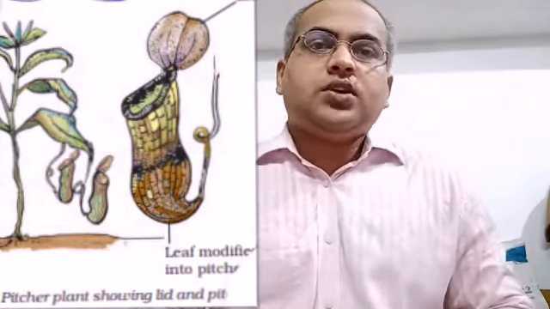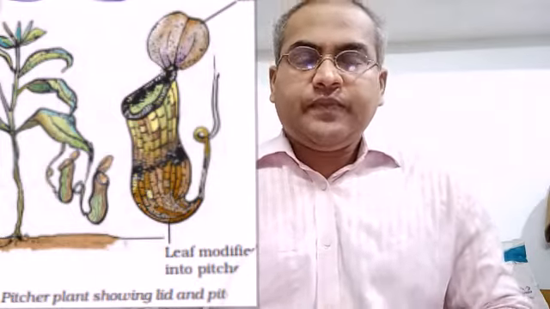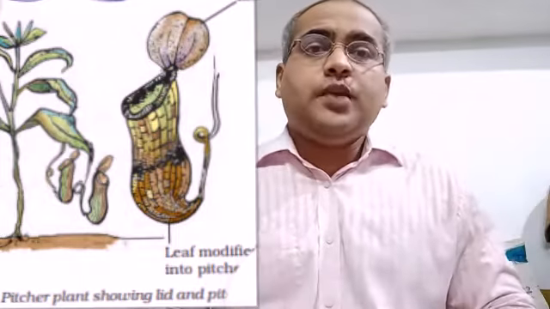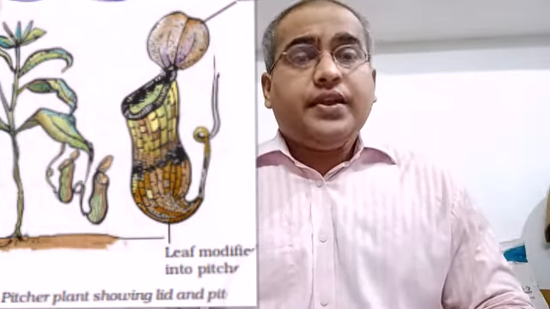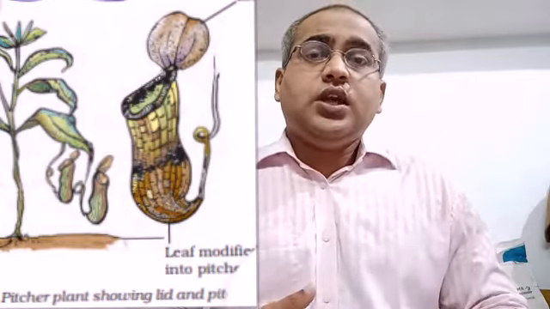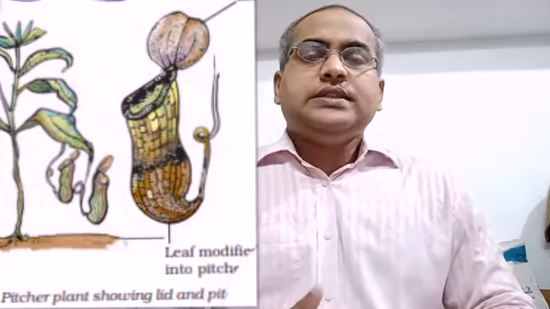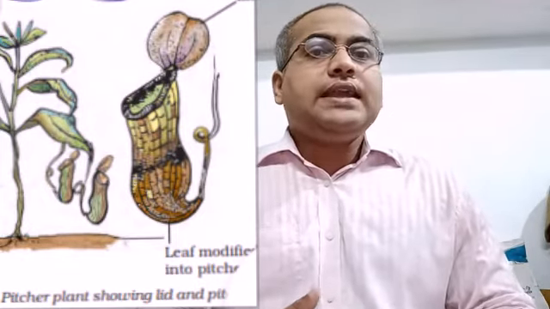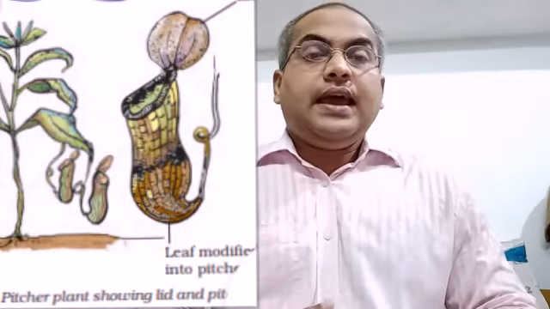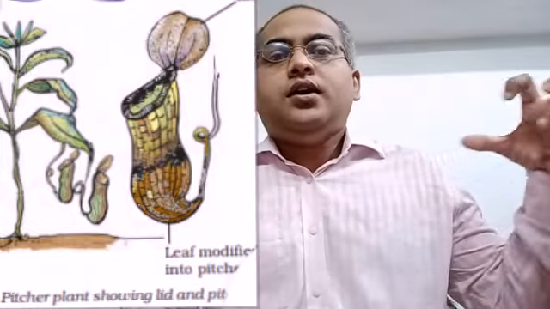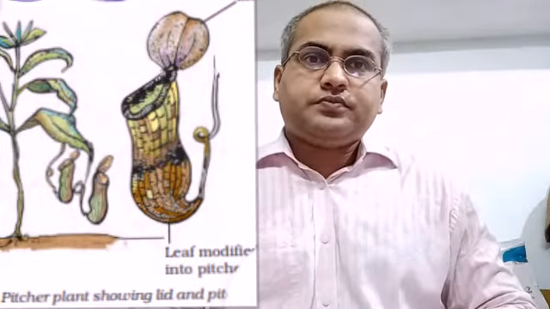Next are the insectivorous plants. There are some plants which grow in a type of soil which lacks nitrogen and some other minerals. So these plants modify themselves and start catching insects and absorbing them for the deficient minerals.